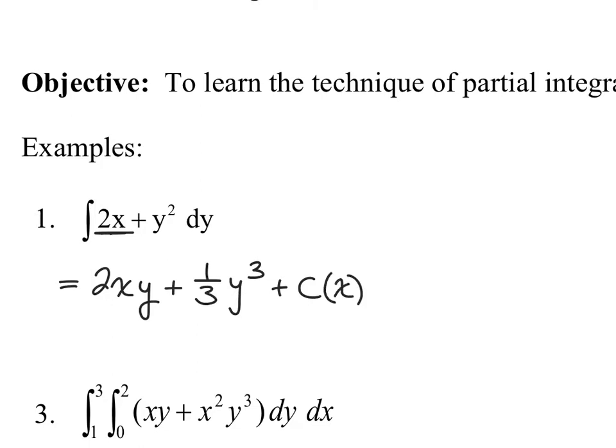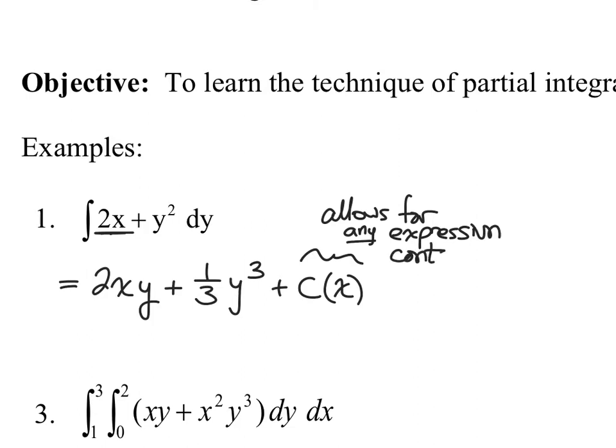Because this allows for any expression containing an x. All right, because if we're treating x as constant, then technically, I mean, I could add anything onto the end and it would still be fine as long as it's made up exclusively of terms involving x.